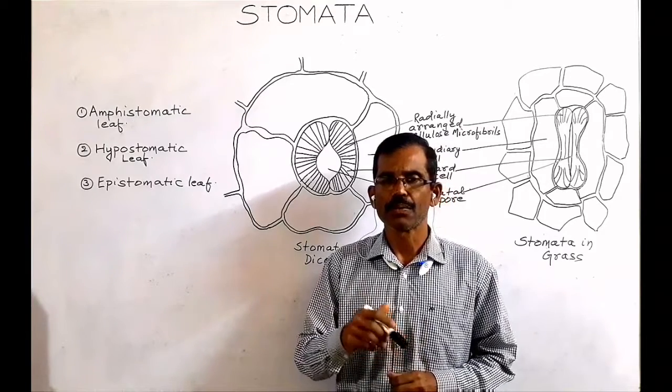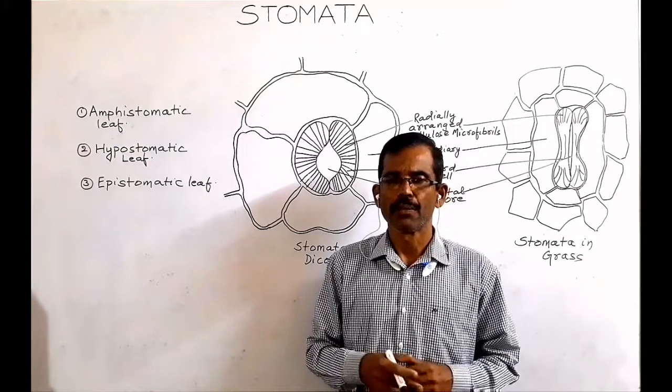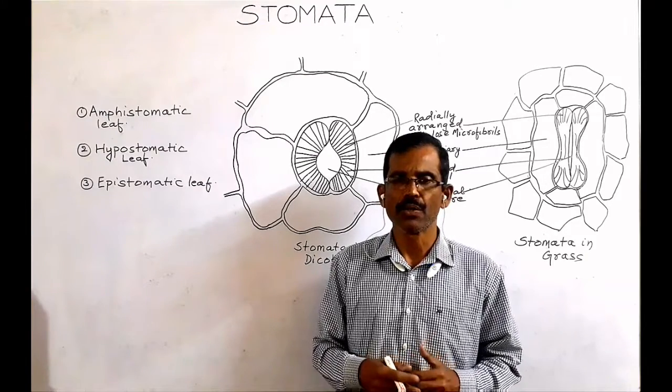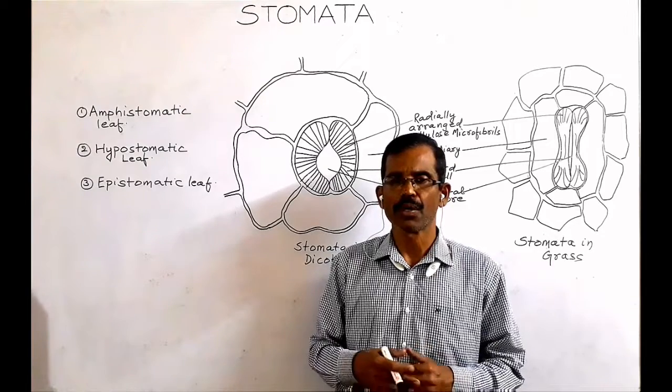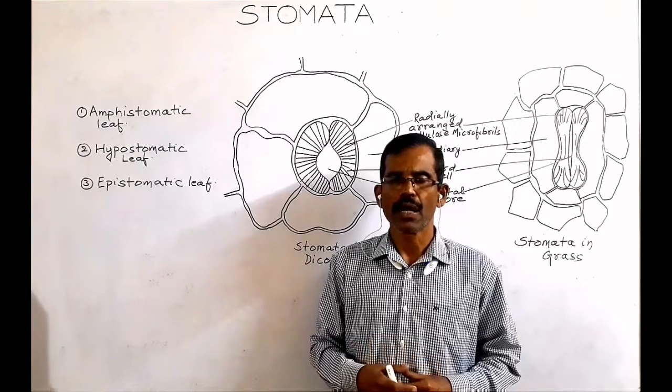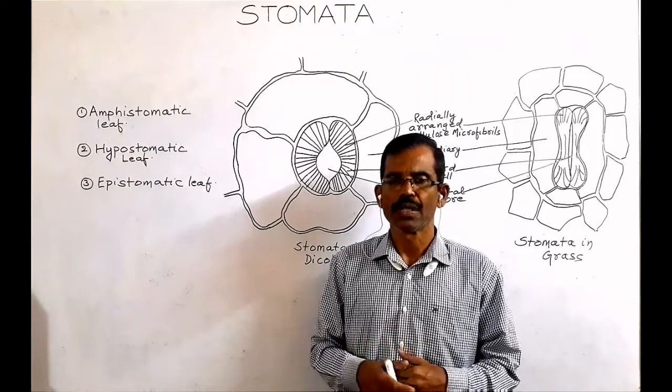Such type of stomata are called as sunken stomata. The main purpose is to reduce the water loss. Whereas in case of some other plants, stomata are slightly raised above the surface of the epidermis.